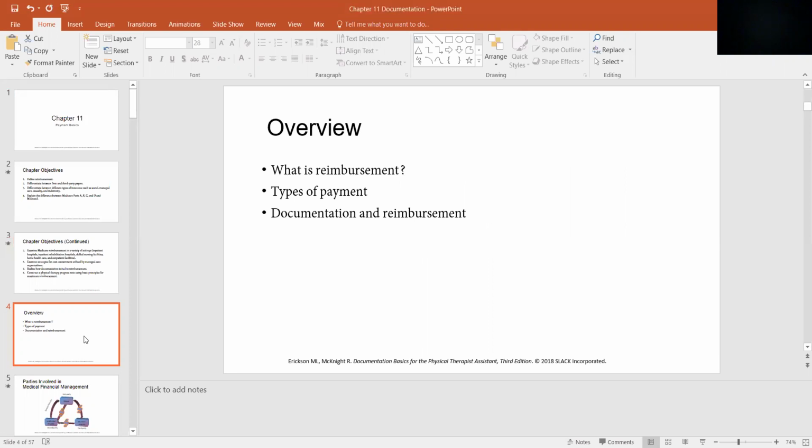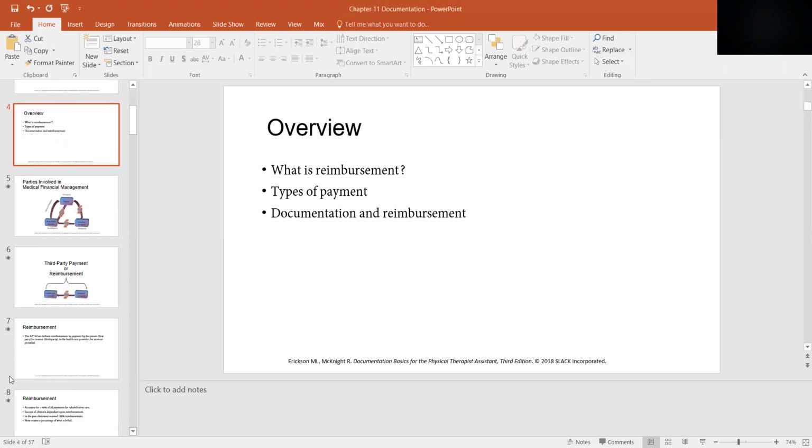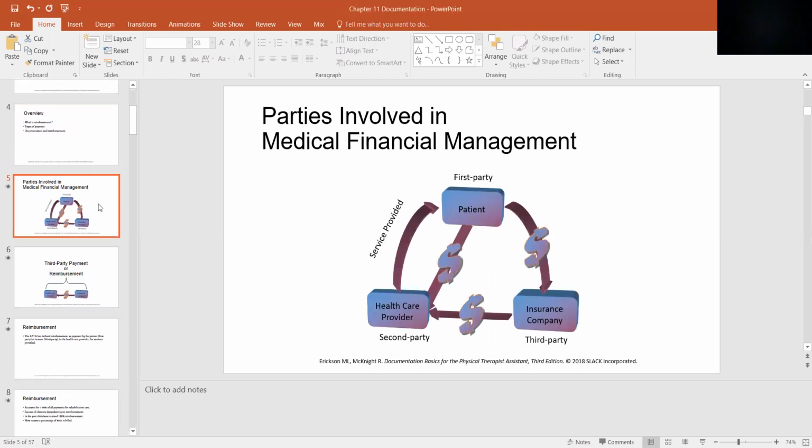So our overview is going to talk about what is reimbursement, what type of payments are available, and then documentation and reimbursement. So these are all the parties involved in medical financial management.